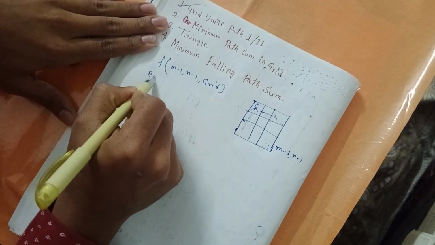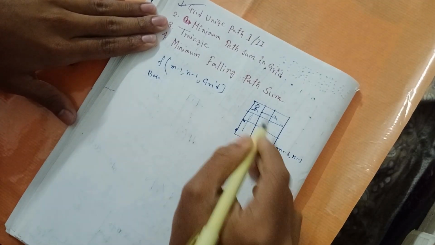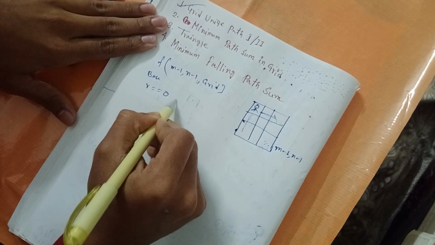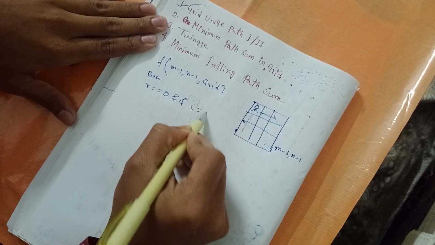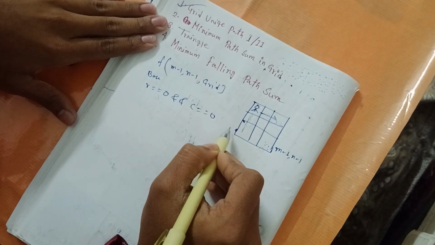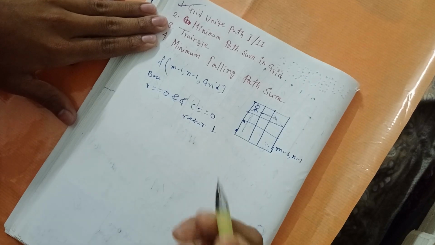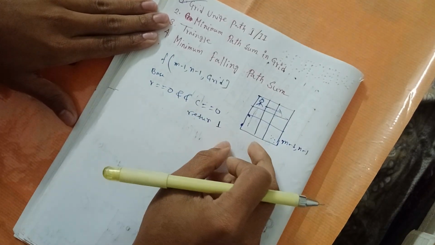So what is my base case in the problem? My base case is when you reach r equal to 0 and also column equal to 0, then return 1. And obviously, what is the other base case?